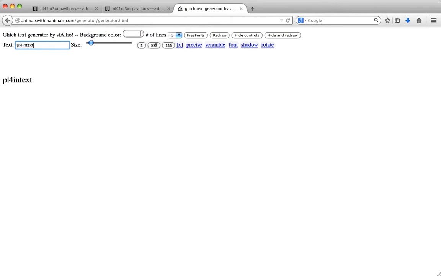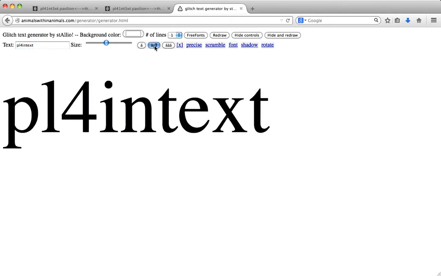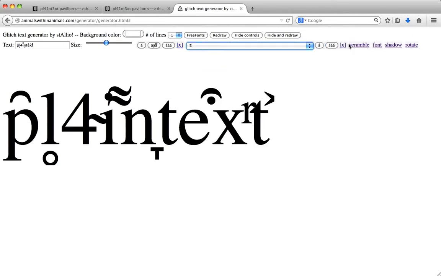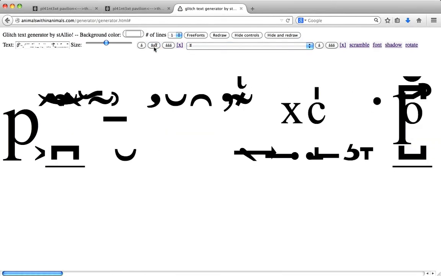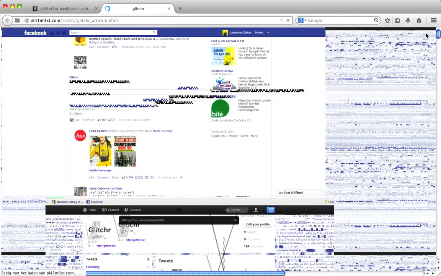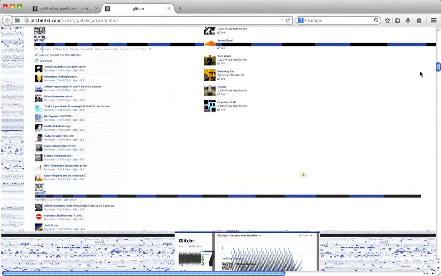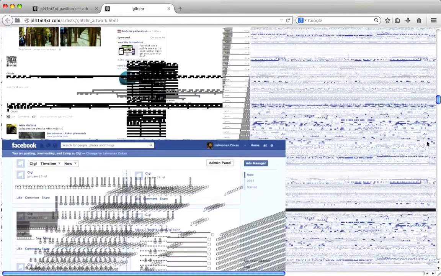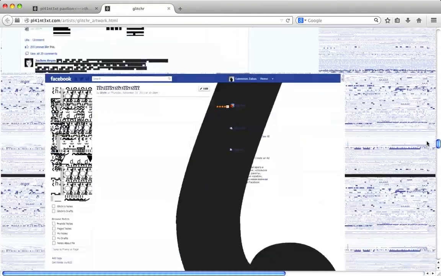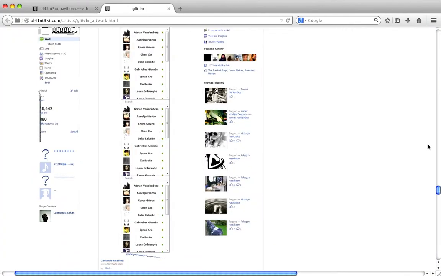You can just type in a message and choose which kind of things you want to add to it, and it will turn it into something that Glitcher would make, which is really interesting to me for the pavilion, because Glitcher was also in our pavilion. So we had someone making a web-based tool for other people to generate this sort of crazy text, and also a collection of screenshots from Glitcher doing this in social networks over the last several years.